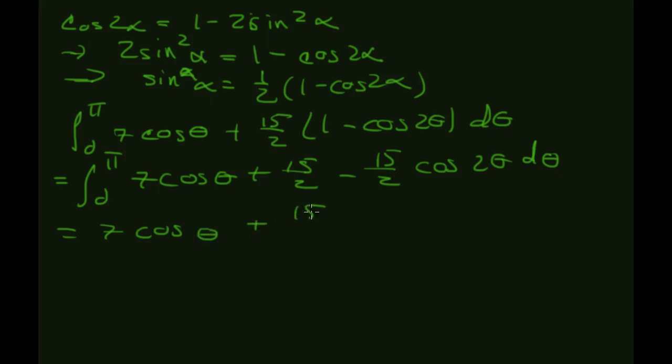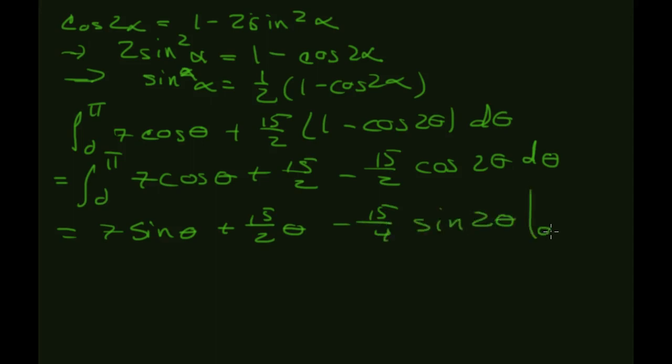Oh, we're integrating, sorry, I missed the sign. 7 is now going to be sine theta, since we've taken the integral, plus 15 over 2 theta minus 15 over 4 sine 2 theta, from 0 to pi.